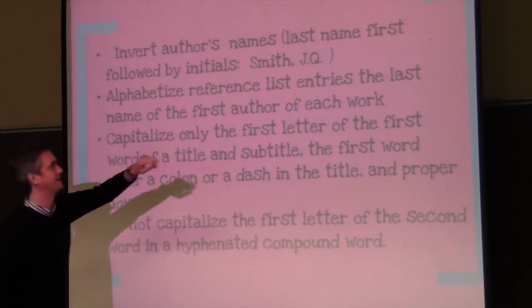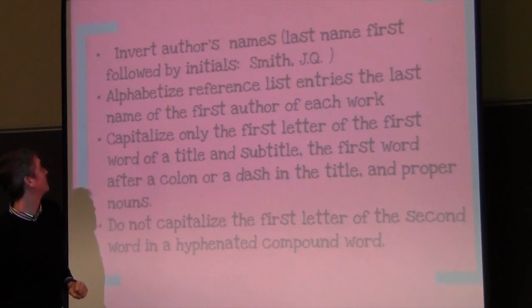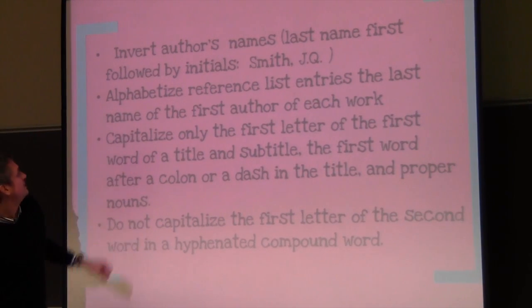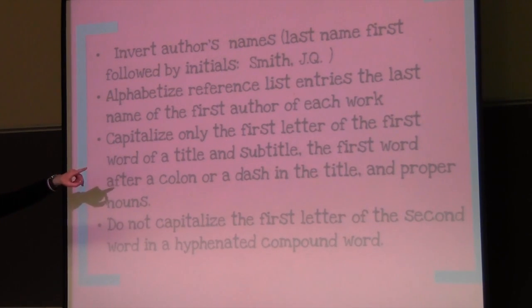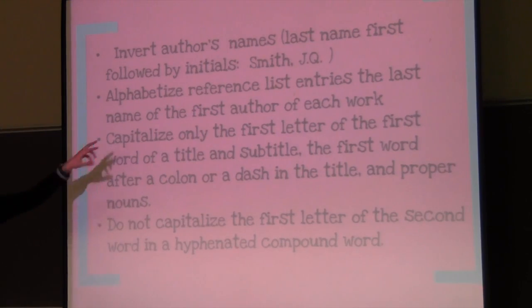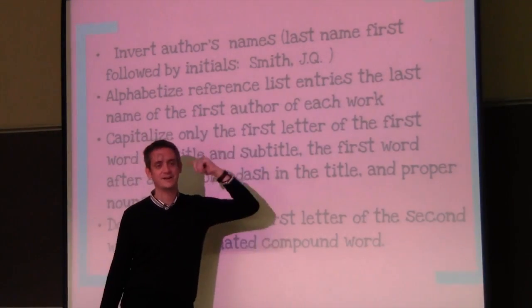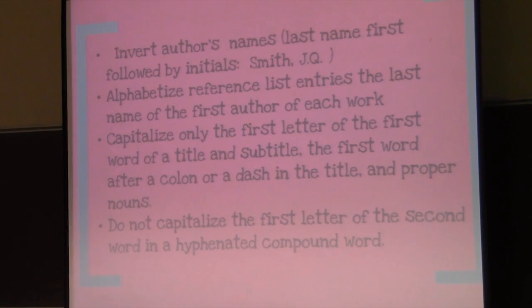This is just a trick for me when I'm looking at authors to try and figure out family name or given name. So alphabetize the reference list entries by the last name of the first author of each work. I don't know why, but this kind of paradox sticks in my brain, so it makes it easy to remember. Last name of the first author.